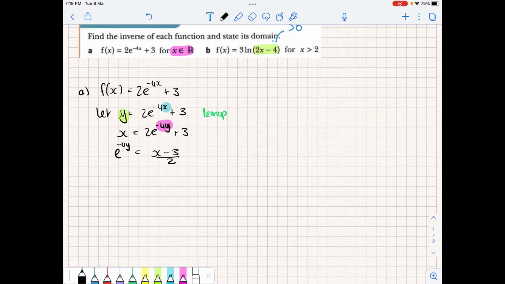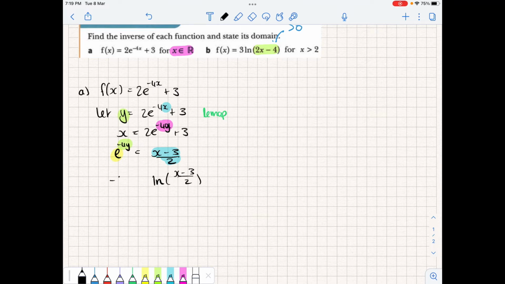Now, remembering how we change from exponential to log, identifying the parts: this is the base, here's the exponent, and this whole thing is the value. When we write things as logs, remembering that logs with base e are just written as the natural log, we have the natural log of the value, x minus 3 over 2, equal to minus 4y on the other side.